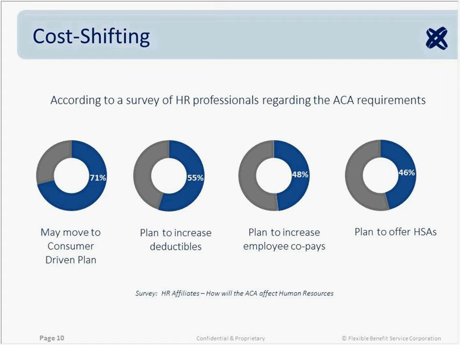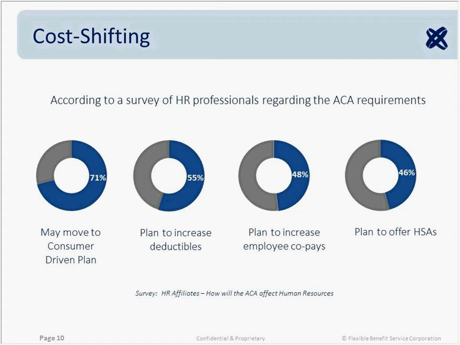And for a significant number of employers that were surveyed, many of them said they would move to a consumer-driven plan. That would be a plan that generally is a higher deductible plan that couples an FSA, HRA, or HSA with the plan. Many employers said they plan to increase their deductible or increase the copays. And almost half of employers said they plan to offer HSAs.